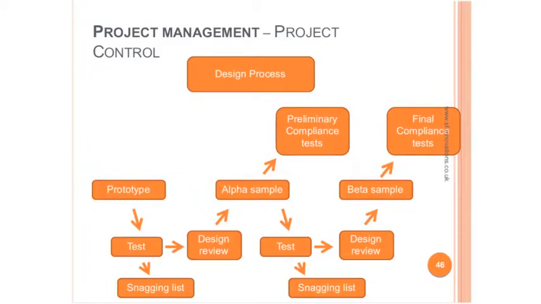So from the prototype stage, test, produce a snagging list, i.e. a list of problems to be looked at, design review, feed that into the alpha sample, use the alpha samples for some preliminary compliance tests, especially EMC, test again, repeat that process, and hopefully by the time you get to the beta sample, you've got a product that's ready for manufacture. If that doesn't work, of course, you may have to reiterate again and go to another sample.